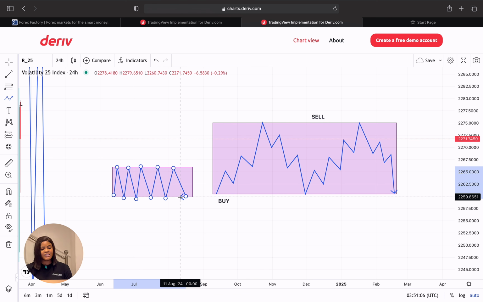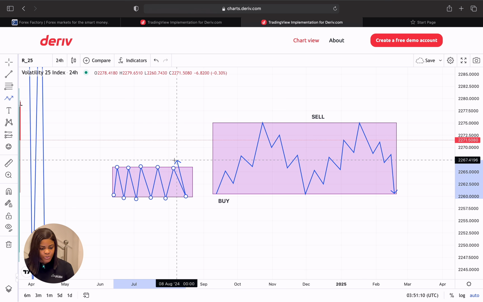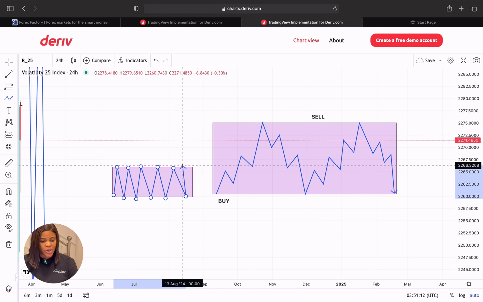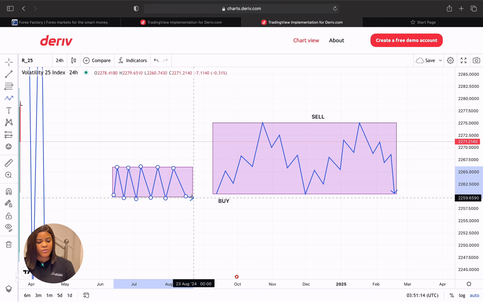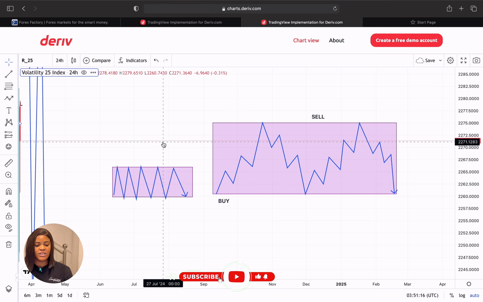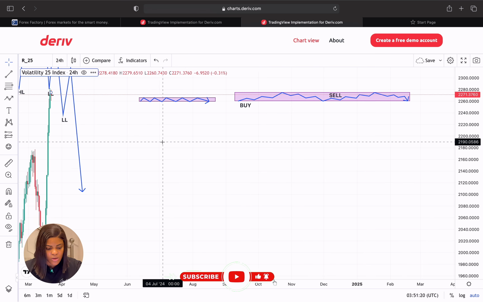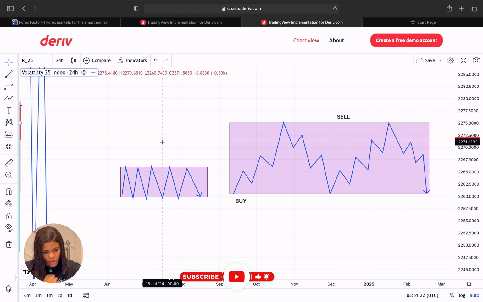So in this case, you look for buying opportunities down here, selling opportunities up here, because you know that whenever the market gets here, it bounces off, right? Until there's a breakout. Are you with me? So this is how a ranging market looks.